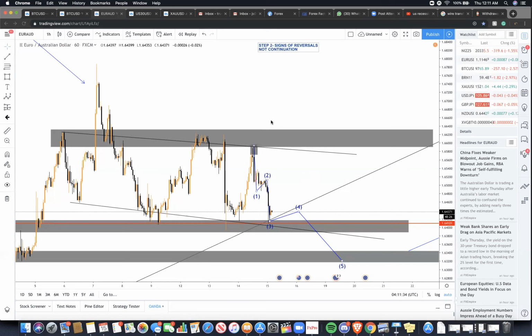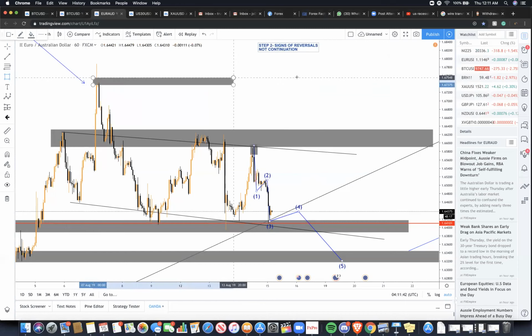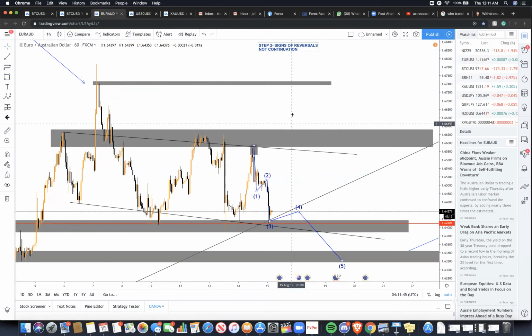Now, if I'm in the trade and let's say you gave that good example, let's say my take profit was up here, but I knew entering this trade that this may be a problem. That's why when I enter my trade, I would identify this as a potential first take profit and this as my overall take profit.